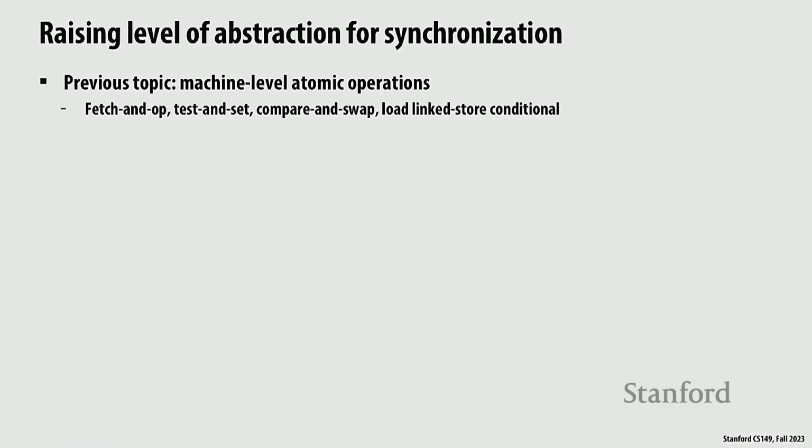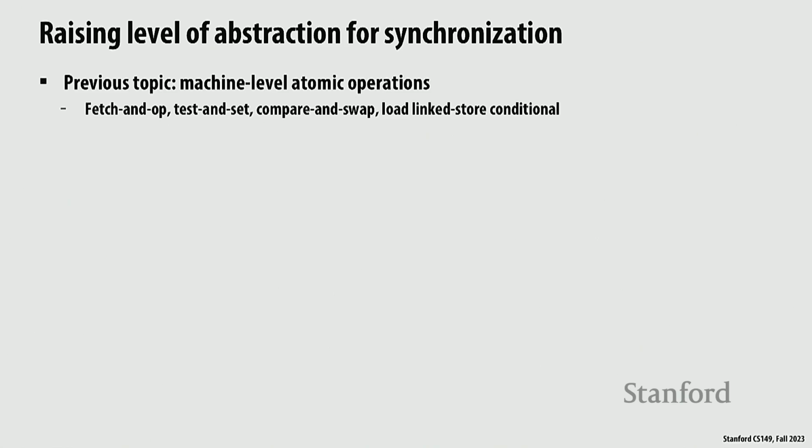So we've talked about synchronization primitives, low-level synchronization primitives, and we said that the key hardware mechanism you need to implement synchronization is an atomic load and store, right? And these come in a variety of different types.